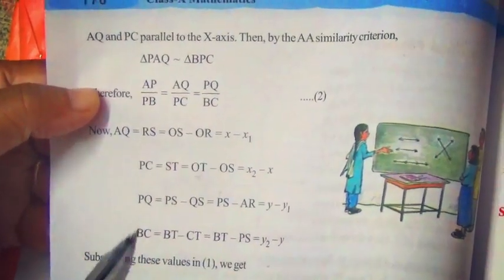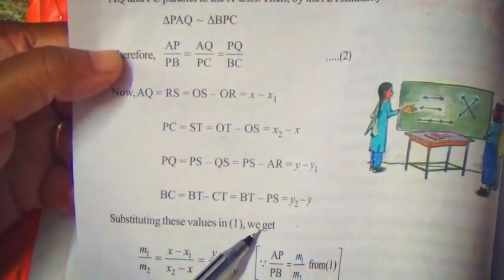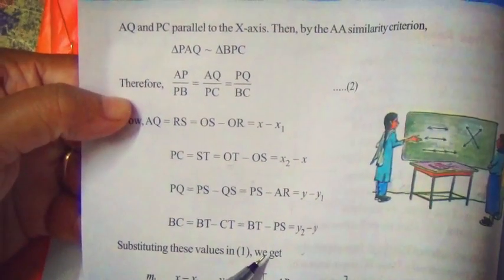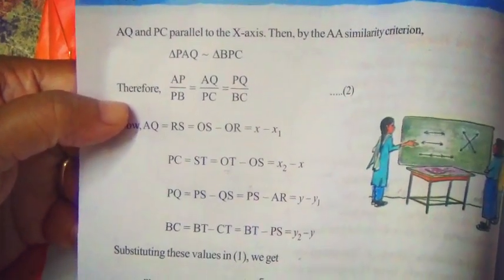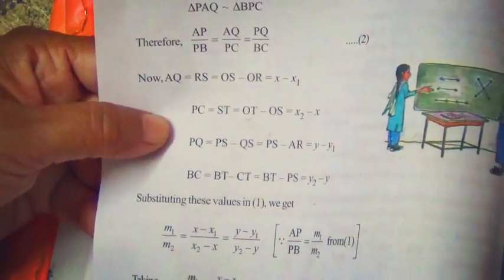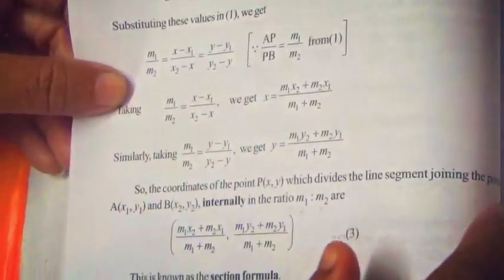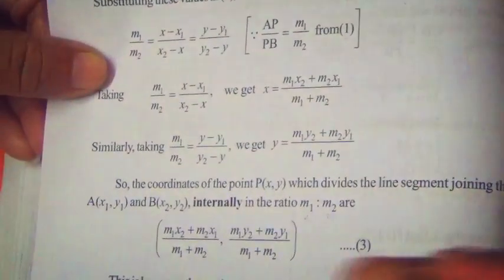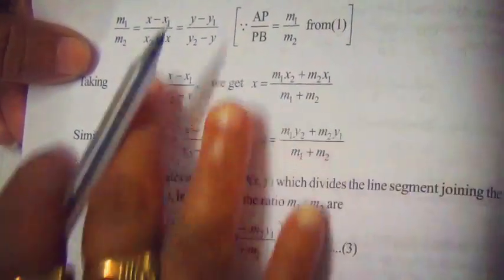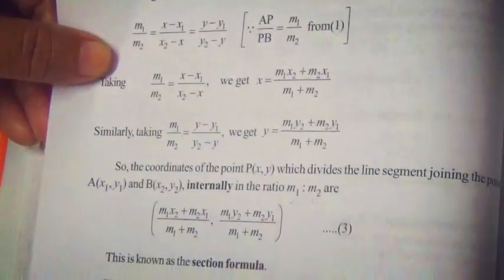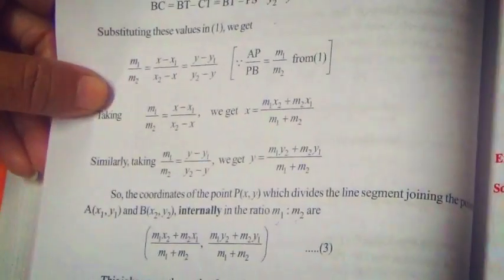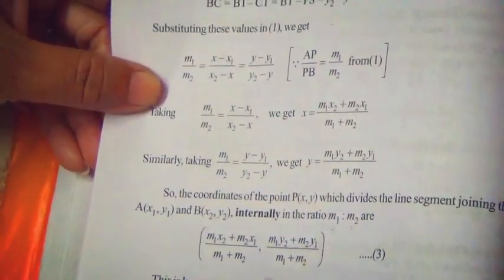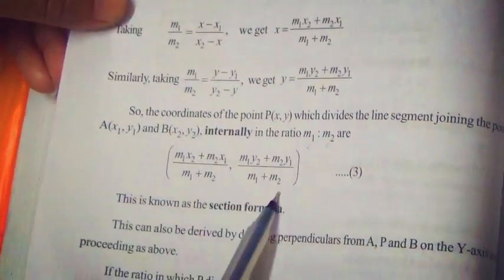Then we write the values of AQ, BC, PQ and BC, and then we have 2 ratios. No need of this derivation for your examination purpose. I already said that, right? It is only for the outline of how the section formula comes about. So finally we get the section formula.